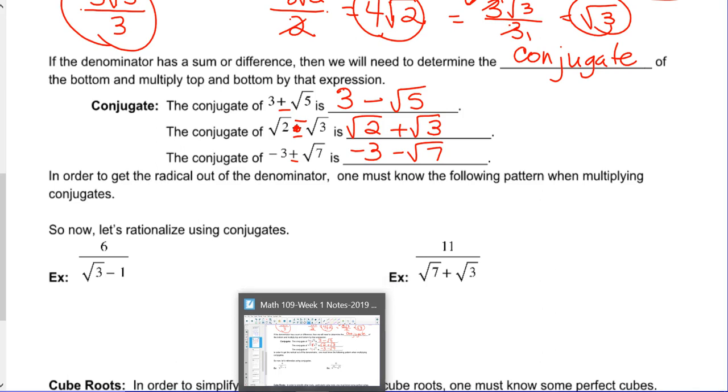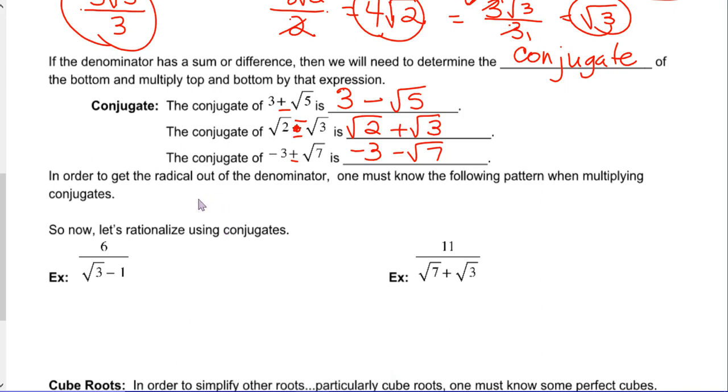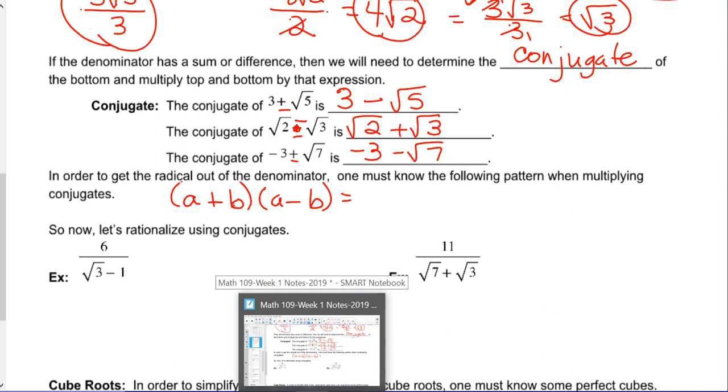Now, in order to do it, we have to give you a rule because multiplying our polynomials hasn't happened yet. So I'm going to give you this rule: if I multiply two things that are exactly alike except for the sign, and again, we'll get into more of this later, then there is kind of a shortcut or a formula we can use.